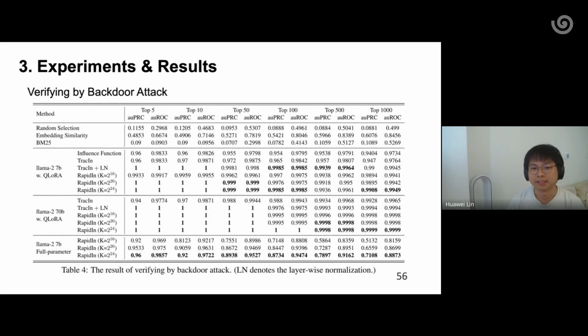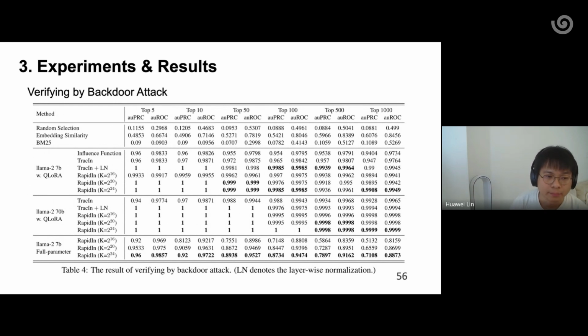And this is the evaluation. This table shows the AU-PRC and the AU-ROC for our method and baselines. We use the top 5, top 10, top 50, top 100, and top 1000. We evaluate our method, and our method has the best performance compared to the baselines.